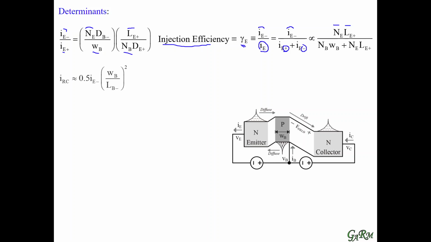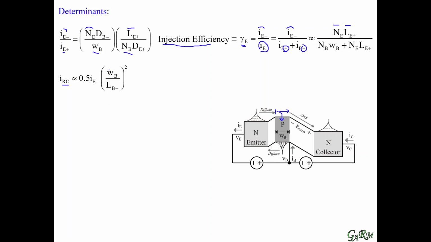But we also have another mechanism. These electrons that reach the base on one end have to diffuse across the base, and there's a chance that they can recombine and we can lose some of that current, and that current will then go into the base terminal. So this is recombination current.